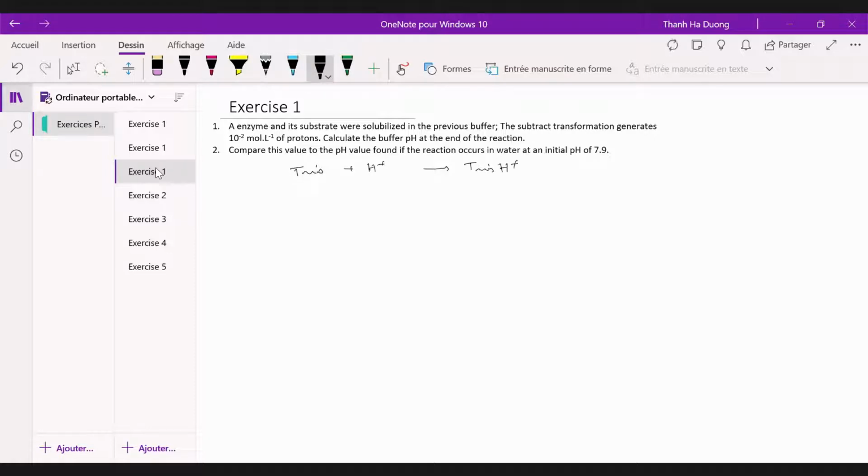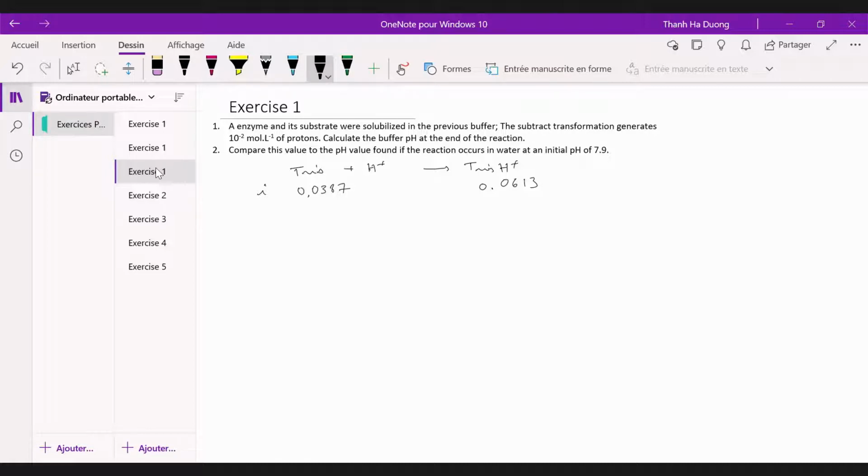At the beginning of this reaction, at the initial state, you have 0.0387 and 0.0613. This is the initial concentration of the buffer, right?